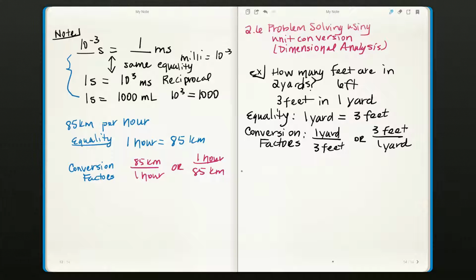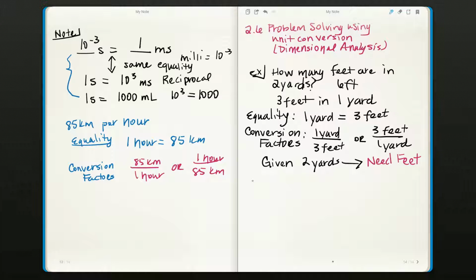Okay, so you always start with what you're given. So you are given 2 yards, okay, and then you need to go to what you need. So what you need here is feet.